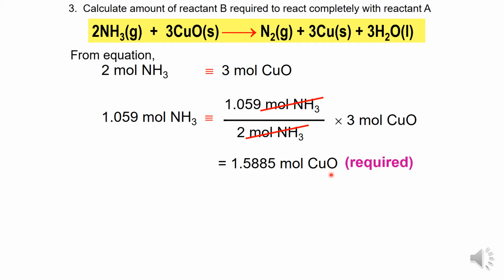You see here, on the left side is the ammonia, and on the right side is the copper(II) oxide. How do we get 1.059 mole ammonia? This is the mole of ammonia present from step 2.